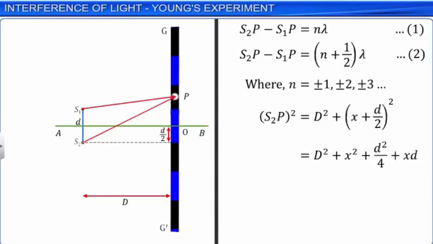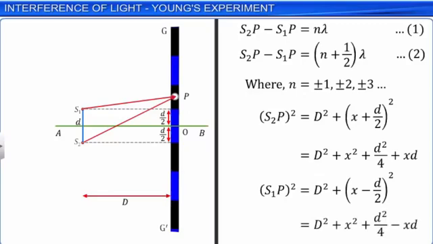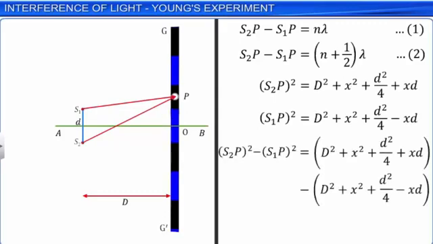Similarly, S1P square is equal to D square plus x minus d by 2 whole square. This is equal to D square plus x square plus d square by 4 minus xd. Therefore, S2P square minus S1P square is equal to 2xd.